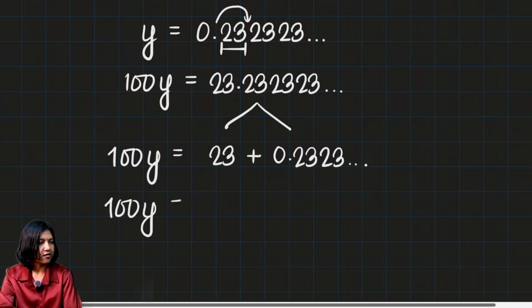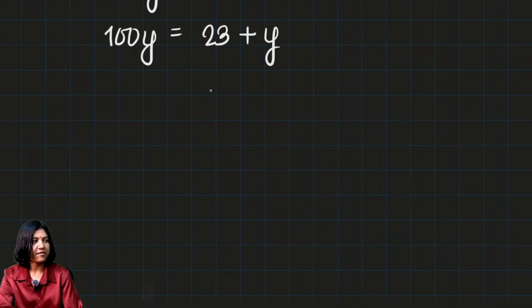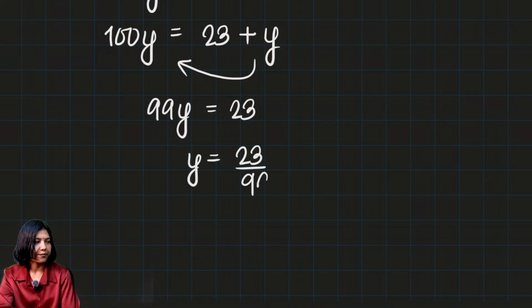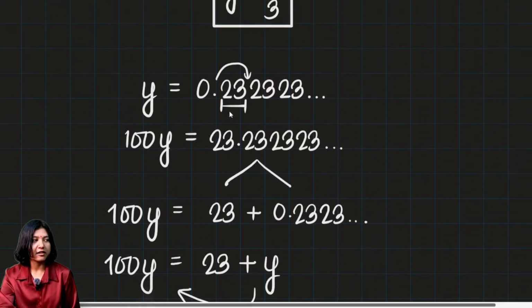I considered that as y, so I'm allowed to write it back as y. And what happens next? Again, y goes to the other side to get subtracted from 100y. 100 minus 1 is 99, so I'll have 99y equals 23. So y should be equal to 23 upon 99. You can check in your calculator and see if it gives you the same decimal expansion or not.